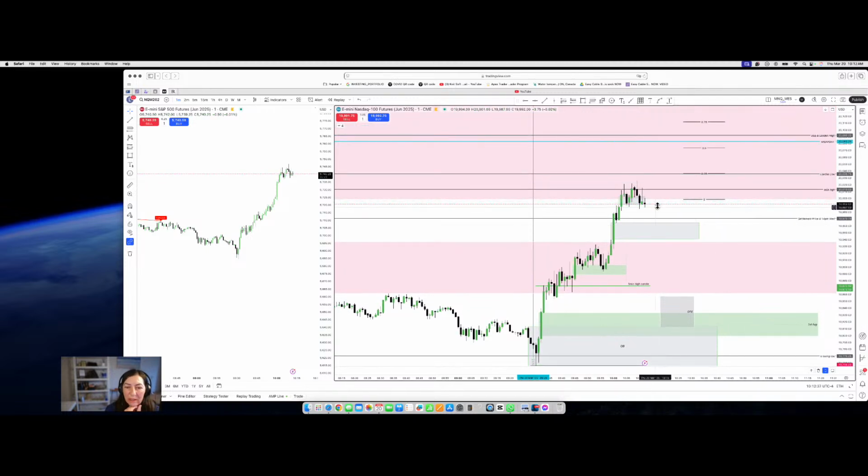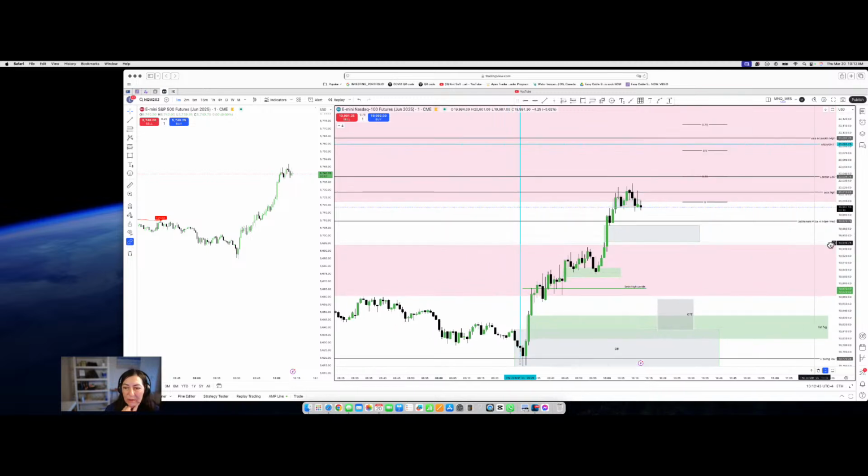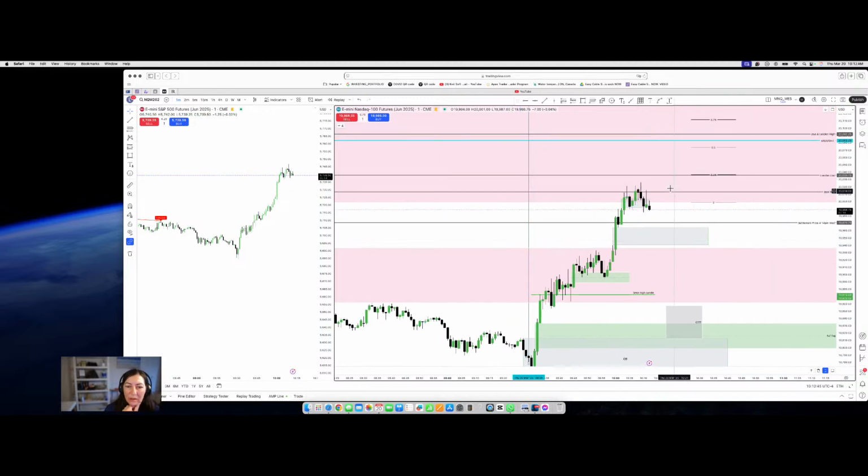This might be trying to make an order block here, but it's pretty messy. It's got long wicks, and on the 1-minute, it's not one that I would completely trust, but I'll just draw it out for you here. Okay.